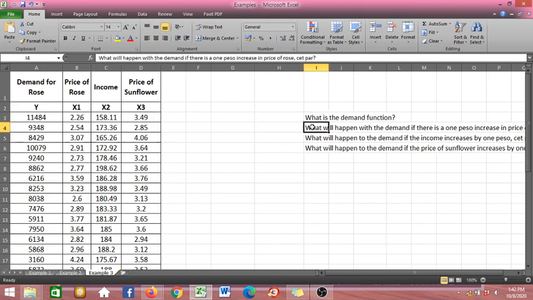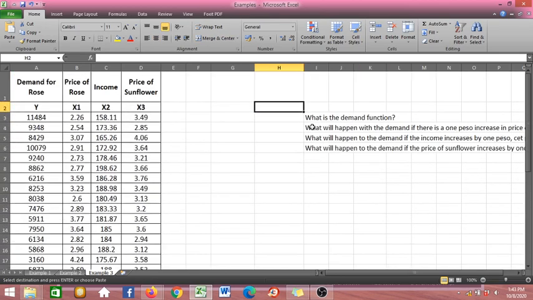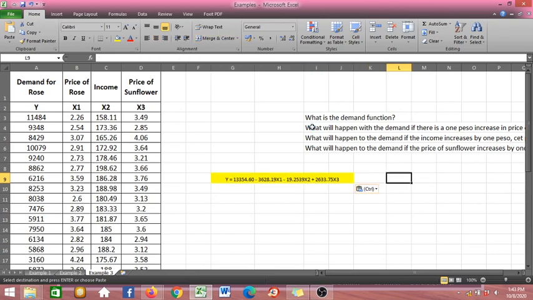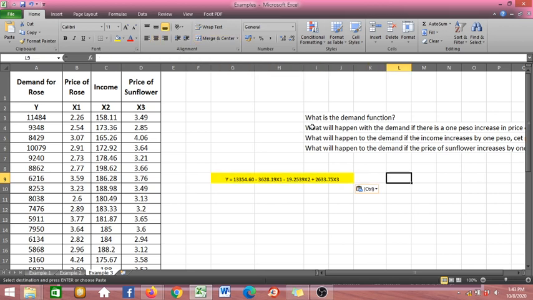So, for this question, only x1, the price of rose, changed, and nothing changed in income and sunflower. Okay, so, what will happen? So, this here, we copy it to make it easier to answer.